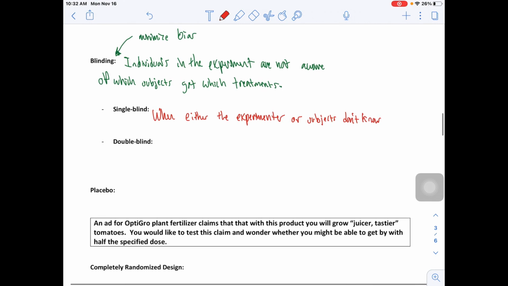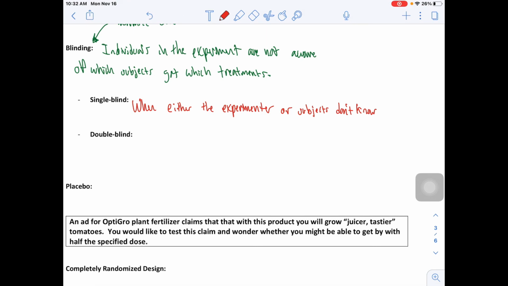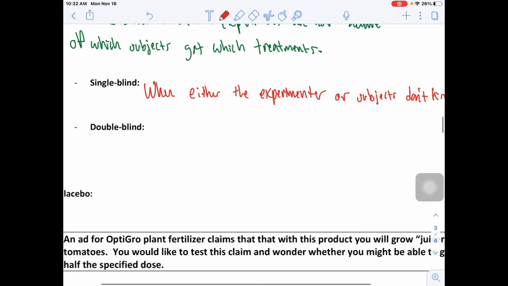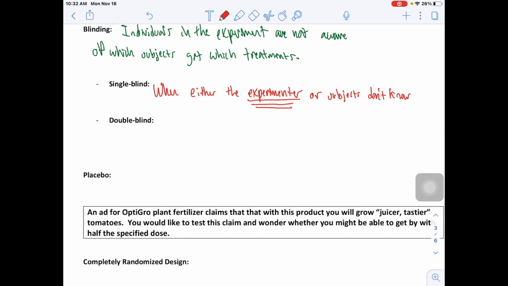So, like I said, maybe in the case where we're talking about sleeping at 8 p.m. or 10 p.m., it would be a single blind if the experimenter, so the person who's looking at the results, maybe they have no idea when they're looking at somebody if they slept at 8 p.m. or 10 p.m. Or in certain experiments, the subjects may not know. That'd be a single blind.